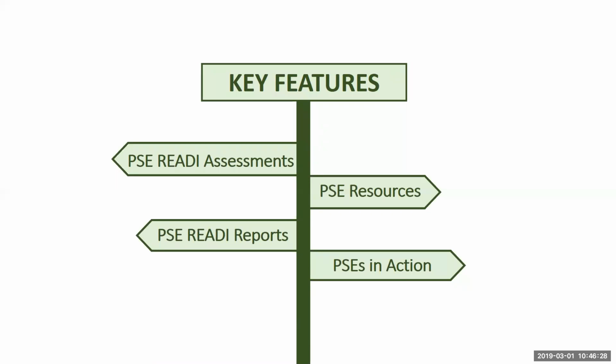You can use the Ready assessment to determine the starting point for your PSE programs. And you can use the PSE Ready reports to guide your decisions on PSE plans and help actually put those plans into action. Now, collectively, these features will help you assess readiness and capacity for change, plan those programs and interventions, and actively implement them in your community.